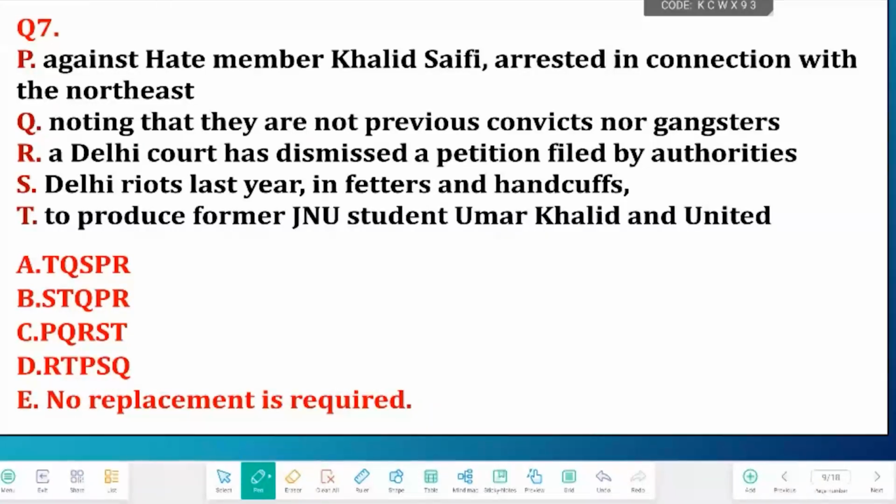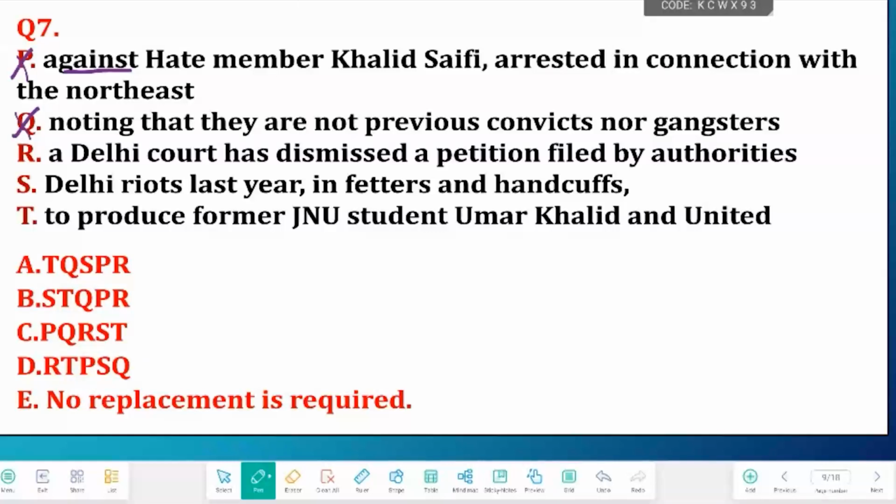Okay, so your time is up now. Let's solve this. Against hate member Khalid Saifi, we can see that this seems to be a continuous statement. So it can't be a first statement. Eliminate this. Noting that they are not previous, noting that, meaning what? Noting something, so we can see that this is also a continuation of some statement, can't be a first statement.